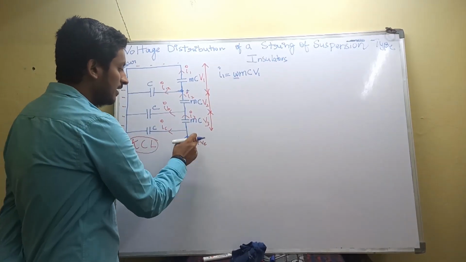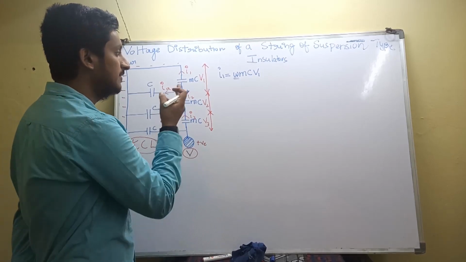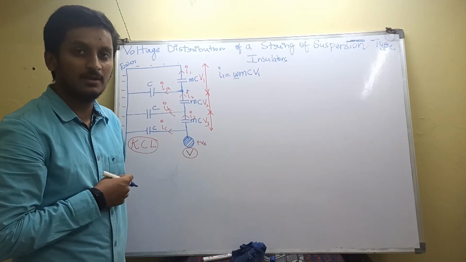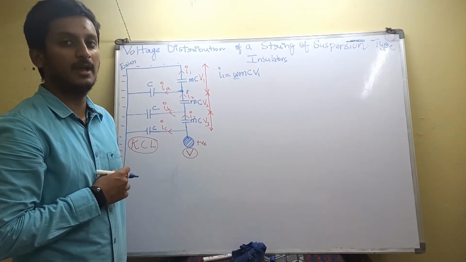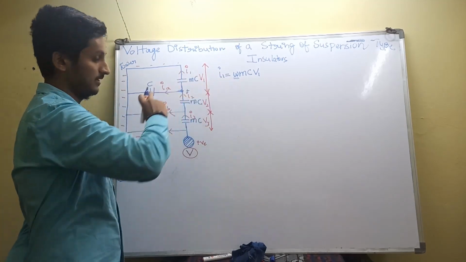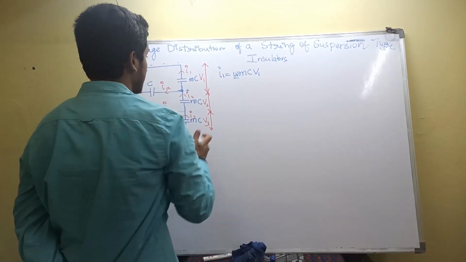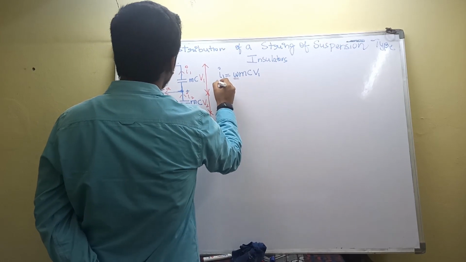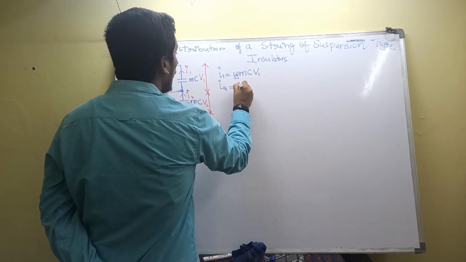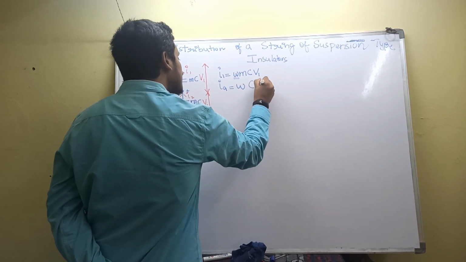As this is alternating current, it will definitely have angular frequency, and there is existence of capacitance, right? So capacitance will definitely have a certain angular frequency. That is the reason why I am writing omega here. Now next, as I1 is given, I can write IA is equal to only omega C V1.